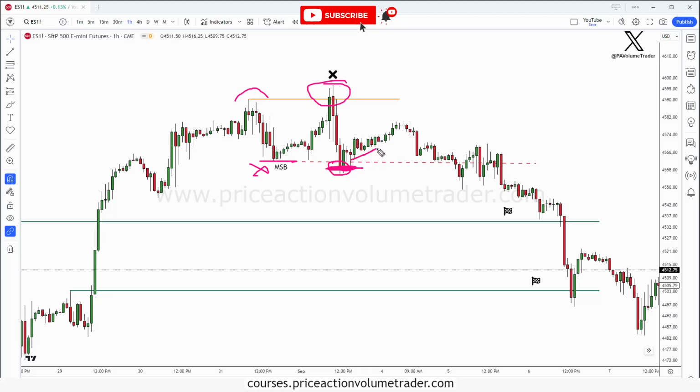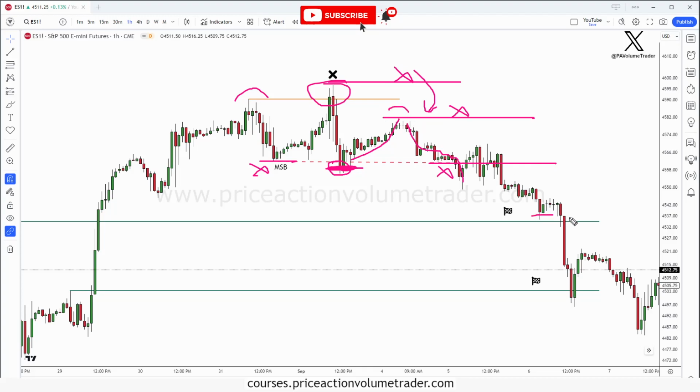So if you had drilled down into this level, you could have entered right here. You can see you would have been squeezed a little bit, but in this case, we would have our stop right here. And then once we come down here and have a confirmed close again below this level, like we saw in the 4 hour time frame, then we could move our stop to the next logical level of protection, which will be just beyond this lower high that we've just printed over here.